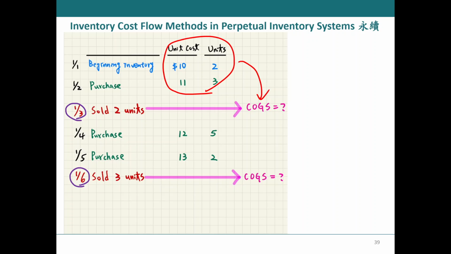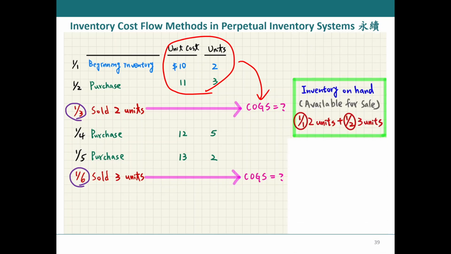Today is January 3rd. So that's why the date, date, date is very important. When we are going to sell inventory, we have only 5 units from January 1st and January 2nd. Any questions?